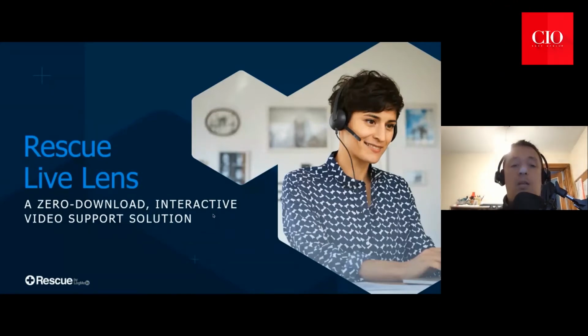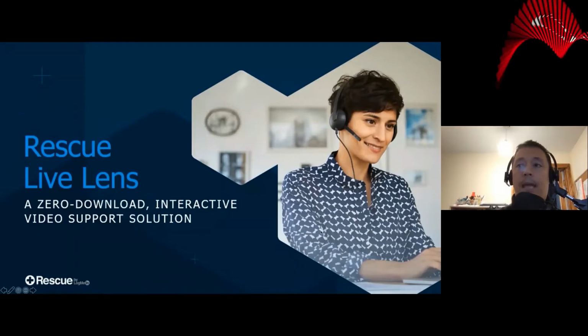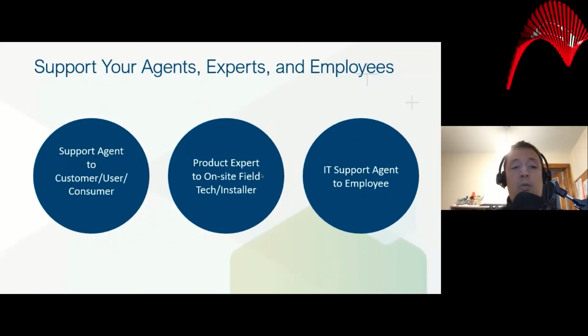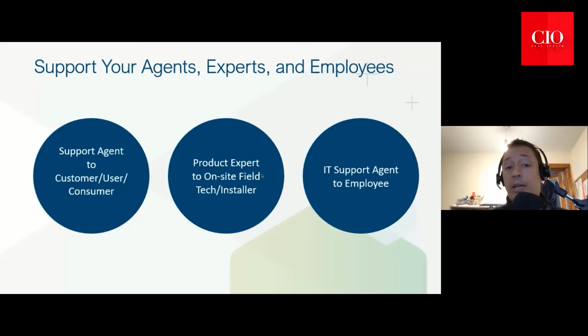One of our biggest customers that is using Live Lens today is using it to help customers with their internet. The name of the customer is British Telecom. And if you've been in Europe at some point, you know that it's one of the biggest telcos in Europe.